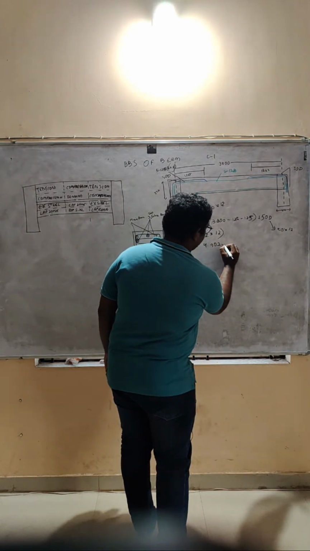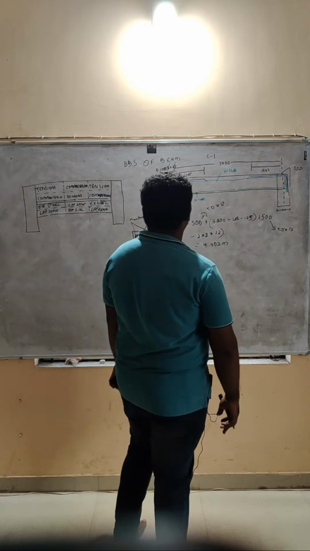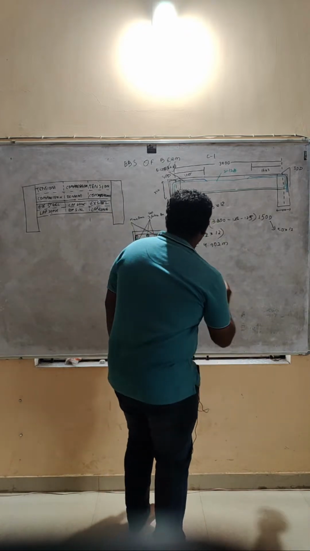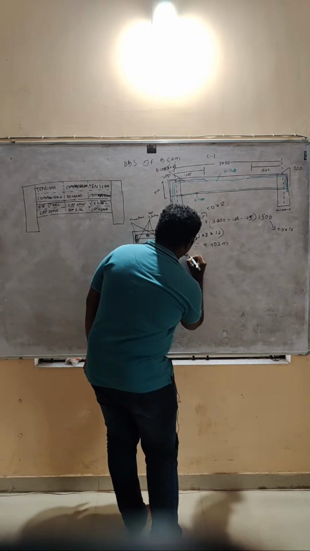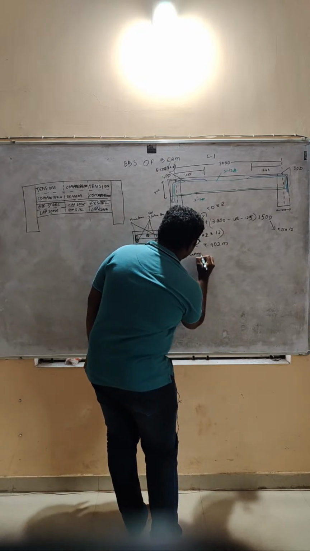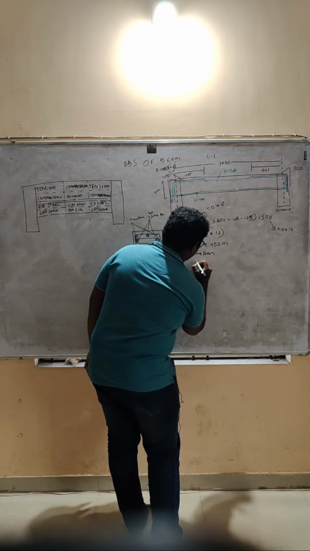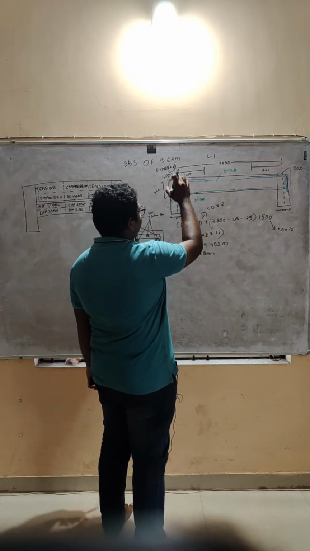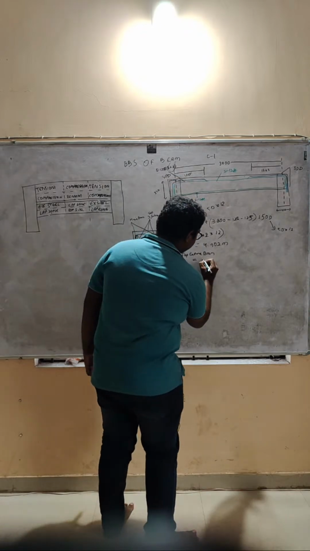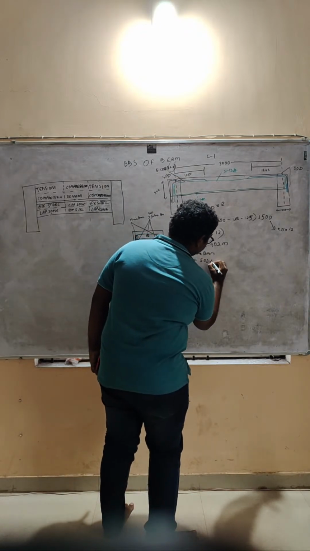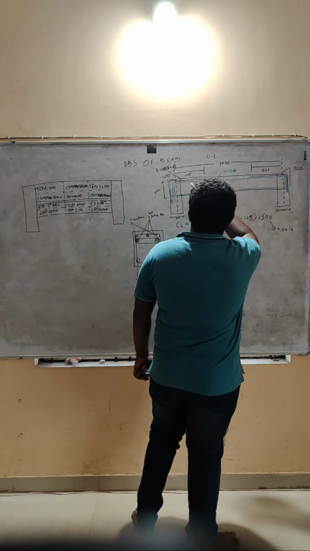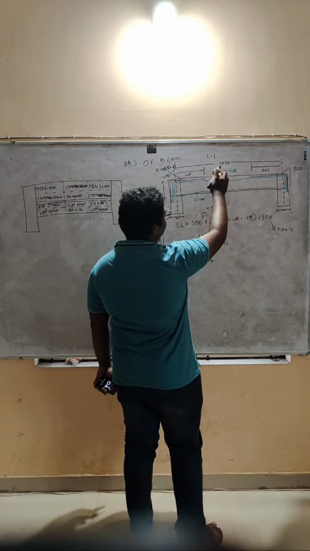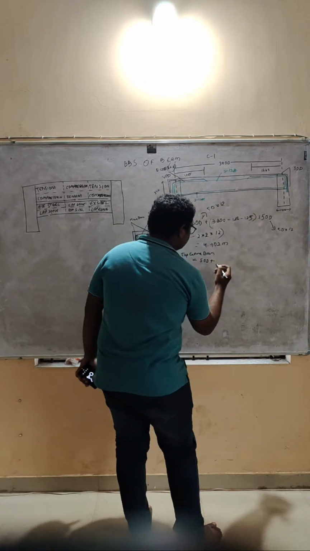4.702 meters will be our cutting length. Now we'll proceed to calculate the length of our top extras. Again we have to calculate from our LD, that is 50D, plus 3800 divided by 3, that is 1265.